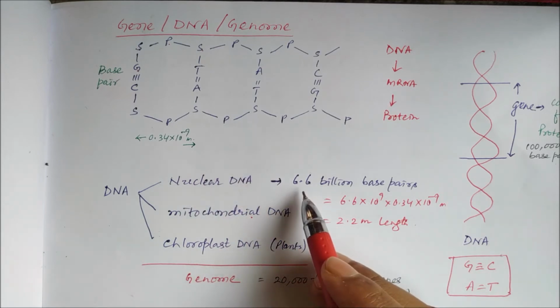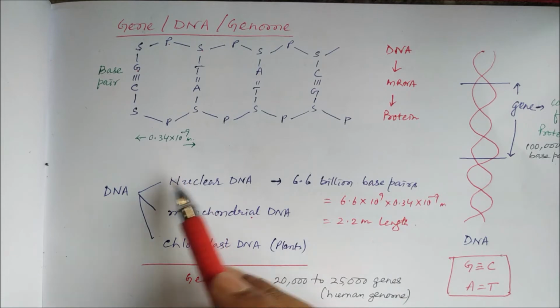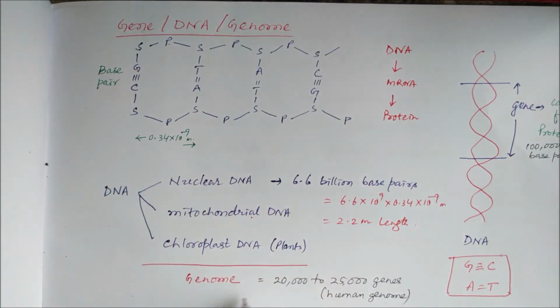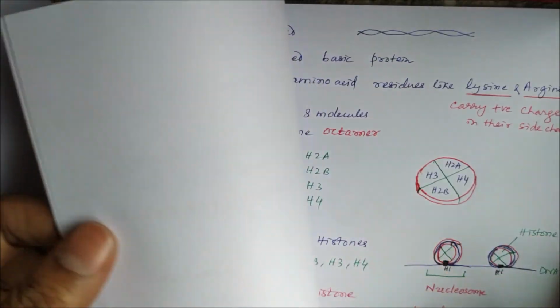total nuclear DNA will have 6.6 billion base pairs. And the total DNA in our body is our genome, and in the human genome we have almost 20,000 to 25,000 genes. To be exact, I think 26,000 genes are there.